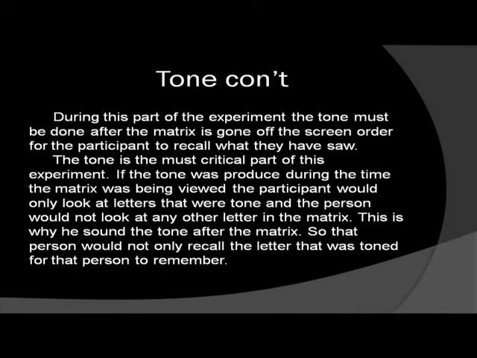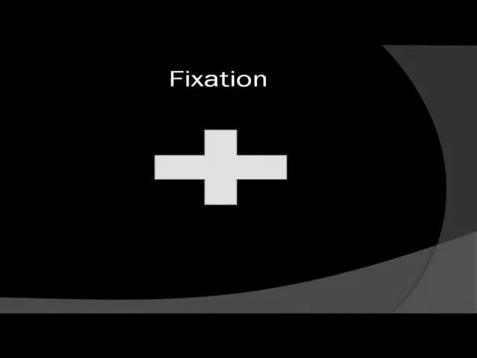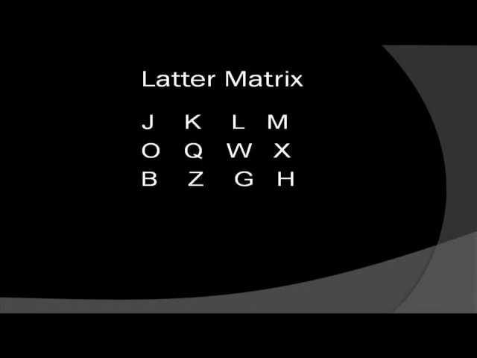The brilliant thing he did in the study was he presented the tone after the array disappeared. That way, participants had to rely on their iconic memory to generate the report, as opposed to just focusing their attention on a single line of the array.